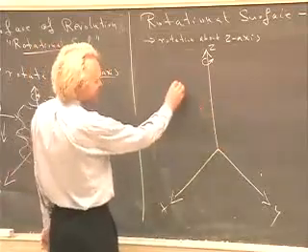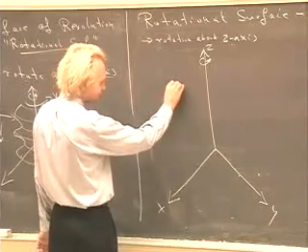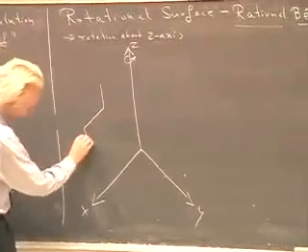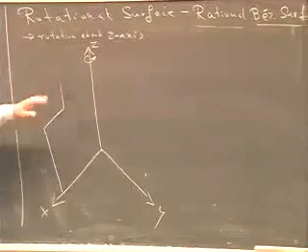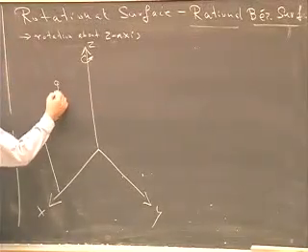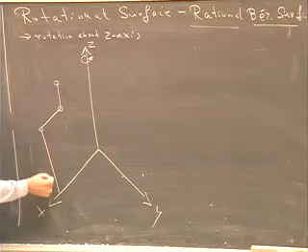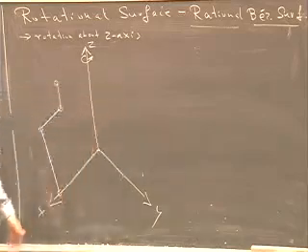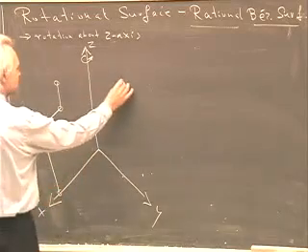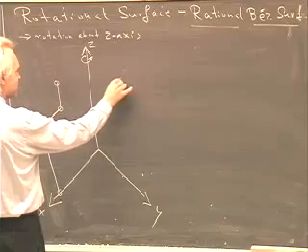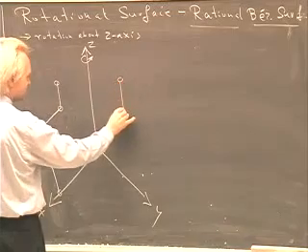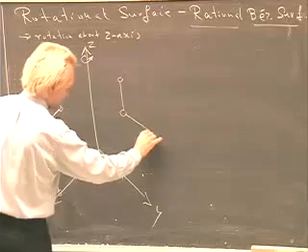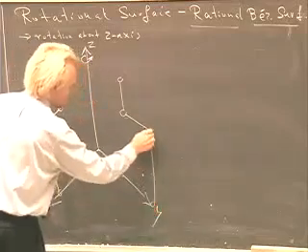Let me see whether I can put a very simple control polygon here. Okay, this is a control polygon of something: control point, control point, control point, control point, and I want to rotate this around. If I do that, then of course I get the corresponding control polygon here, rotated around by 90 degrees.